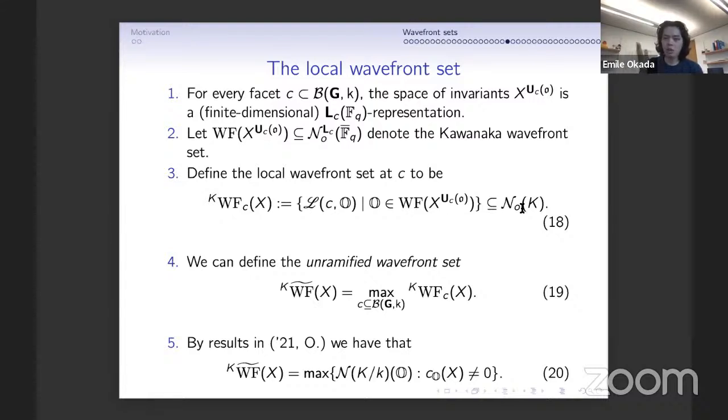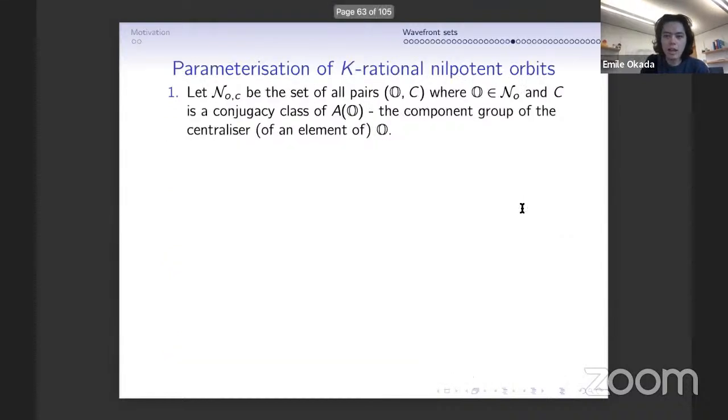And this partial ordering on the nilpotent orbits is also very poorly understood. And so to rectify both of these issues, in my paper, I provide a parameterization of the unramified orbits. And the parameterization is very similar to parameterizations of other kinds of nilpotent orbits that you might have seen. I'll refer to that briefly in a bit.